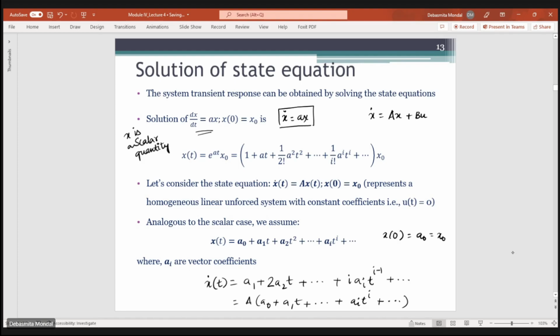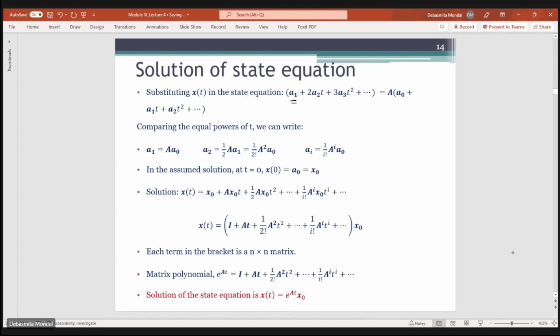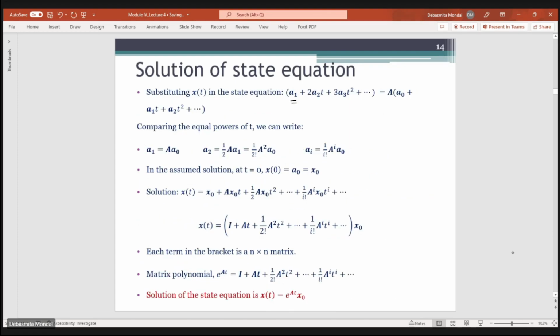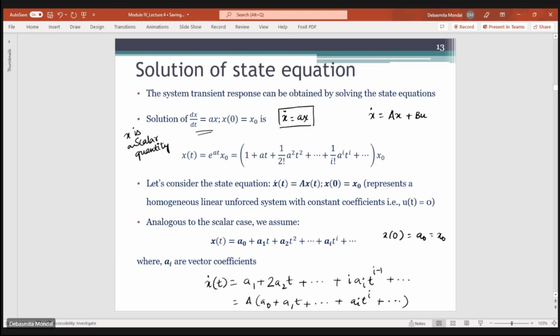Right? So now in this equation, in the solution, we will simply substitute the values of a0, a1, a2 till ai, and we'll find out what the final solution will be. So you have x(t). So x(t) will be equal to, here we have seen, a0 plus a1 into t.